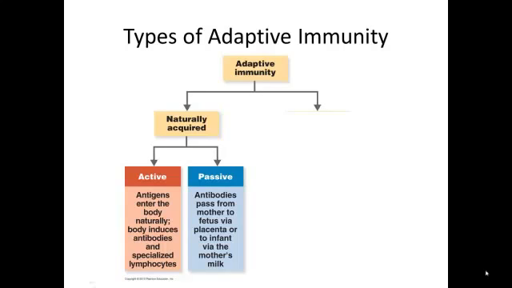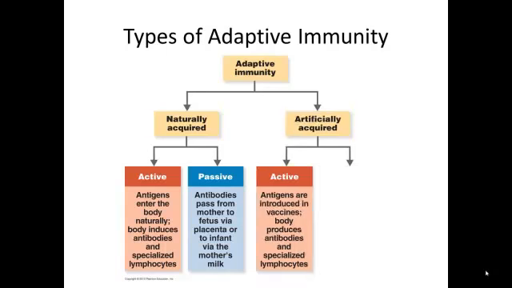passive immunity. Now we can take what naturally happens and artificially stimulate it. This would be artificially acquired adaptive immunity. When it's active, vaccines, we introduce antigens artificially into the body so that your immune system develops antibodies and memory cells and activated T cells, and you're ready to go when you run into the real pathogen out in the real world.